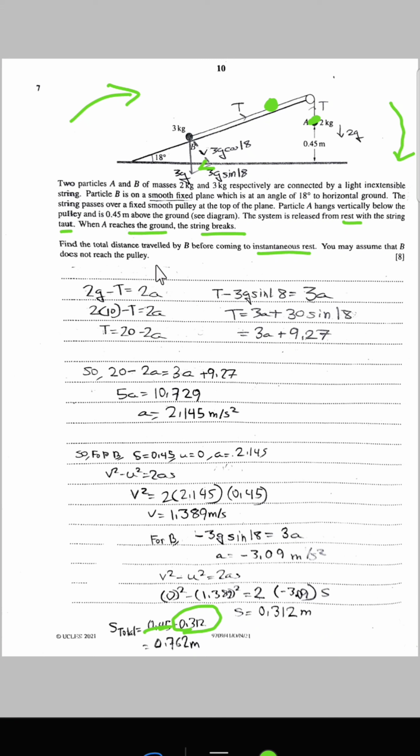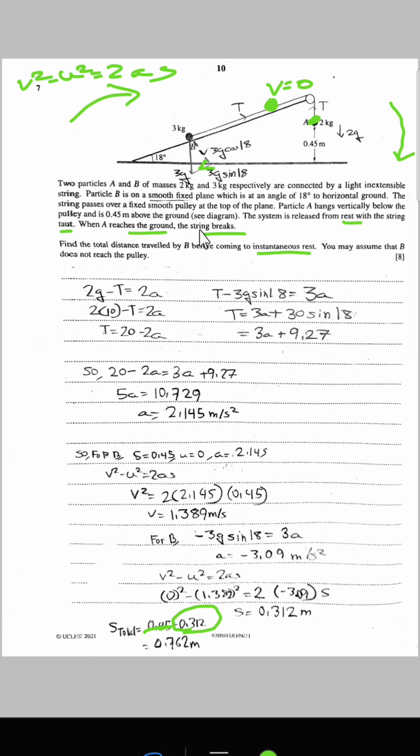We know that the final velocity, that means here v, is equal to 0. So we can use the expression v square minus u square is equal to 2as. For this expression, we need to first find the initial acceleration, when they are connected.